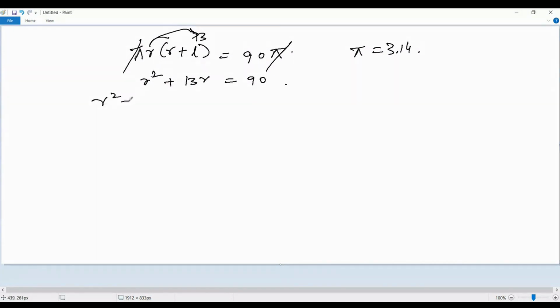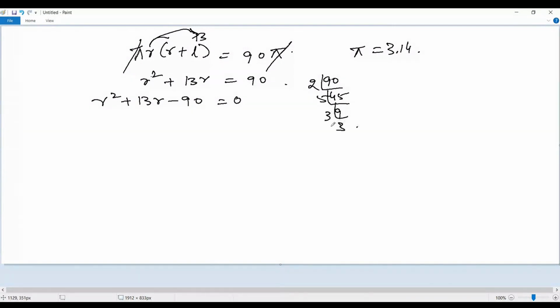So r squared plus 13r minus 90 equal to 0. Factors of 90 whose difference should give you 13: 2, 45, 5, 9, 3, 3.